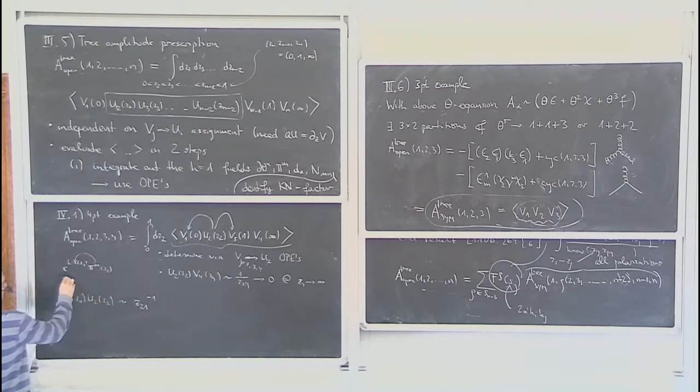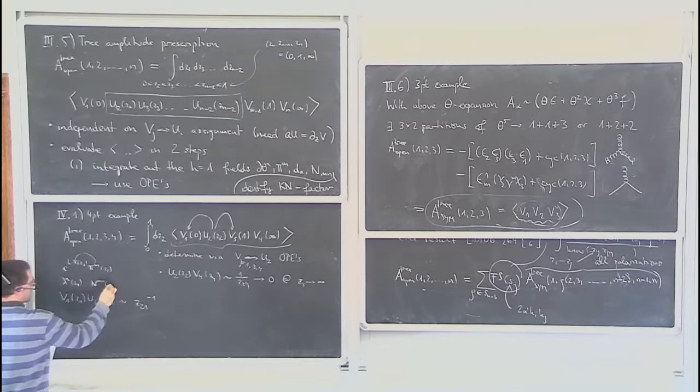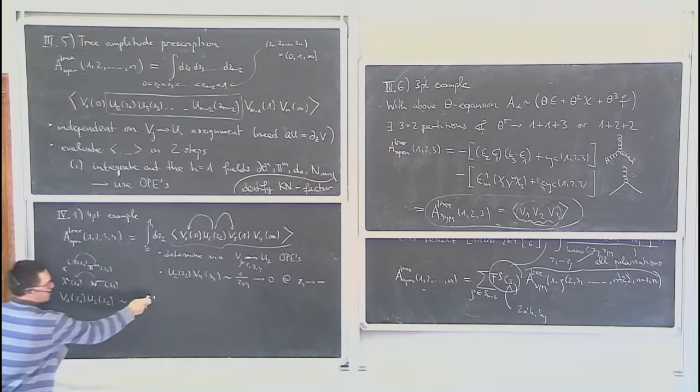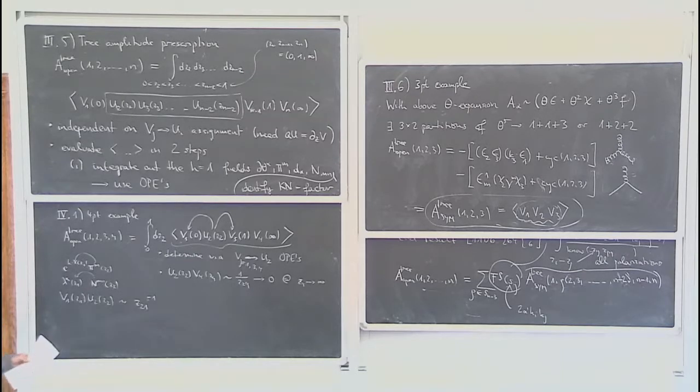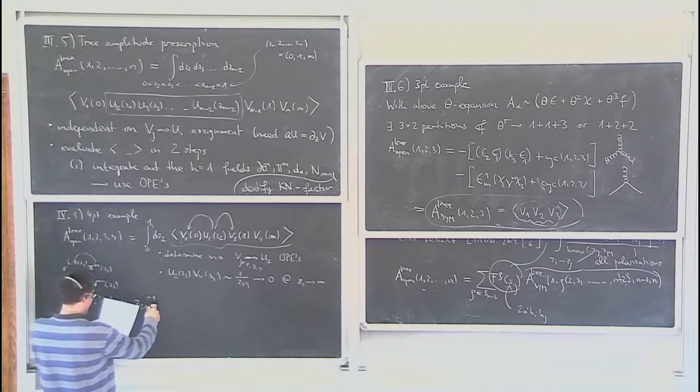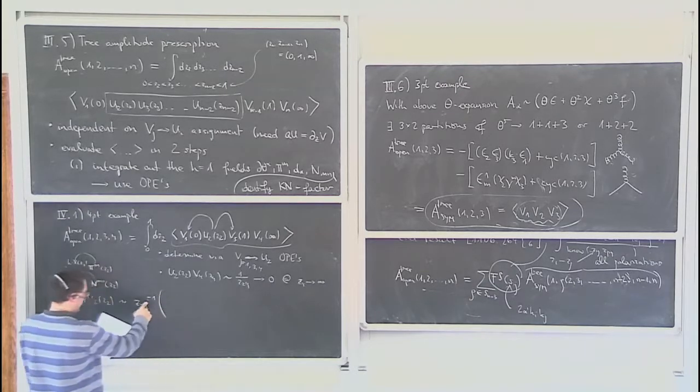Another example: there is a pure spinor in the V1, and there is a Lorentz current of the ghost at Z2. Also this gives a simple pole. And finally, there is a d alpha that can act as a covariant derivative of the A alpha in here. So many opportunities to pick up a simple pole.